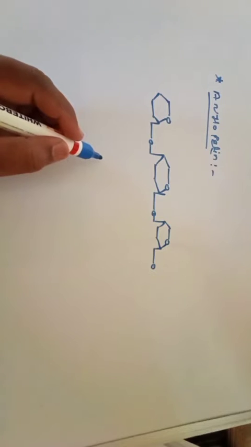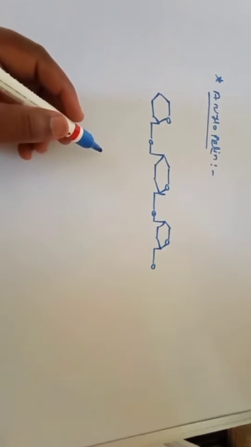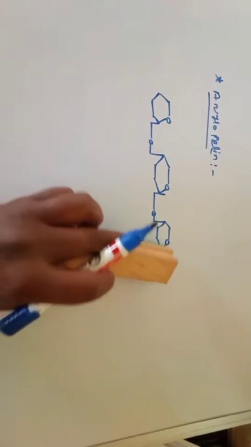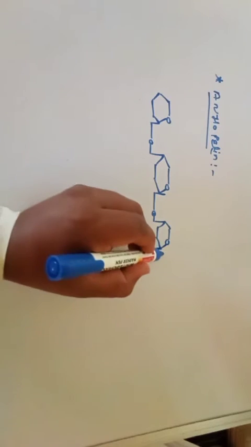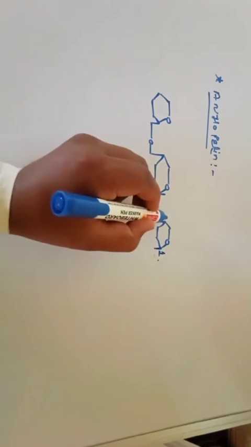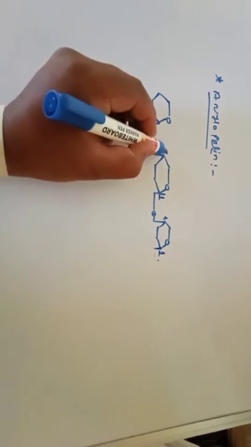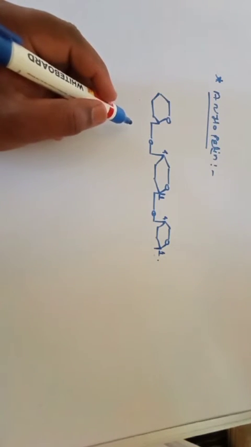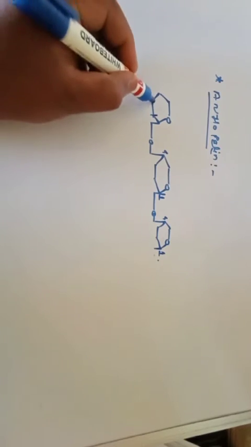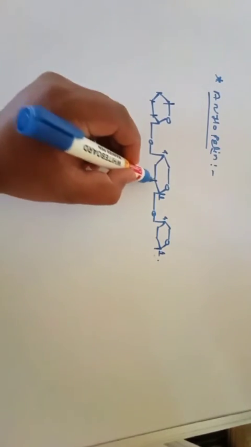This is your 1,4 linkage, this is your 1,4 linkage, and sometimes there is a 1,6 linkage also. So this is carbon number 1, and this is 4, carbons 1 and 4. This is the alpha 1,4 linkage, and the remaining is as it is.